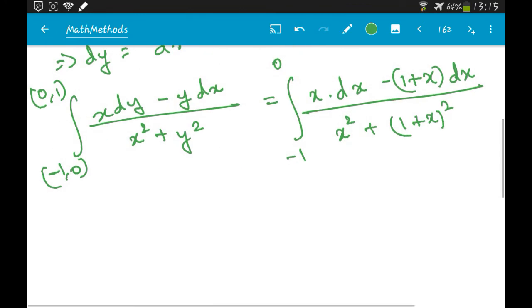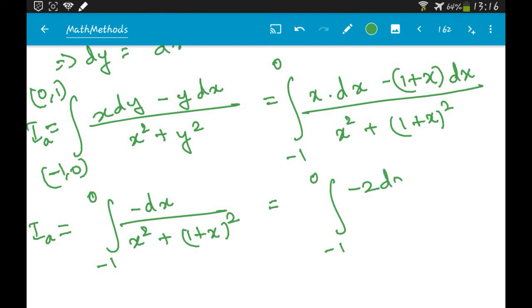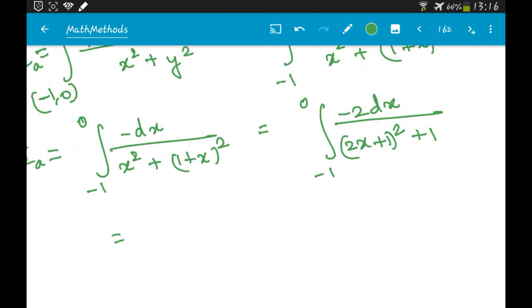Okay. So ultimately you will get, this is your I for A. So IA will be minus the integral of dx from minus 1 to 0 by x square plus 1 plus x whole square, which you can write as the integral from minus 1 to 0 of minus 2 dx by 2x plus 1 whole square plus 1. Okay, and this is nothing but your tan inverse formula. So you will get minus tan inverse of 2x plus 1.